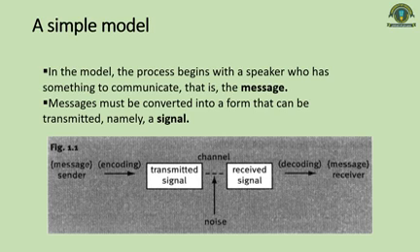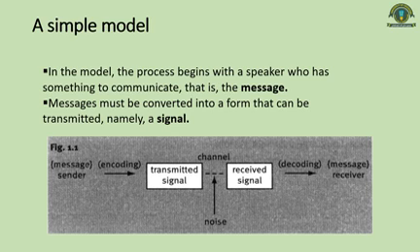Now look at the figure that is there in the slide. In this model, students, the whole process begins with a speaker, because a speaker has something to communicate. The speaker wants to say something. And what is that something? That is called the message.